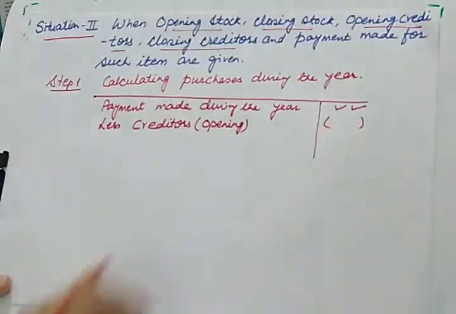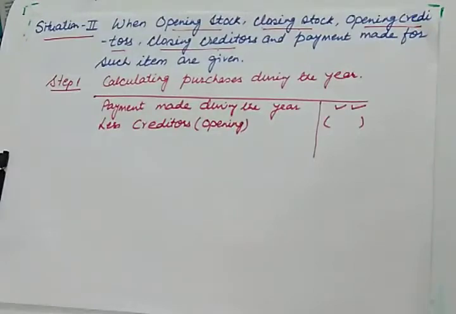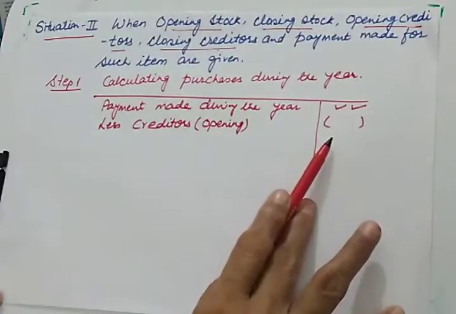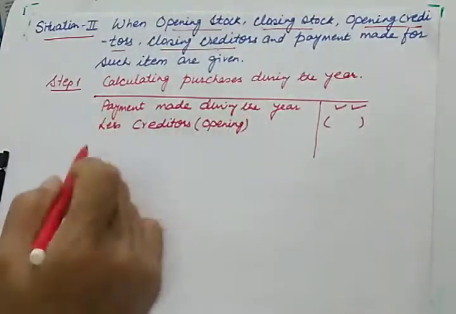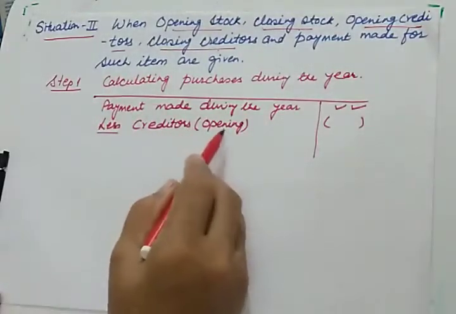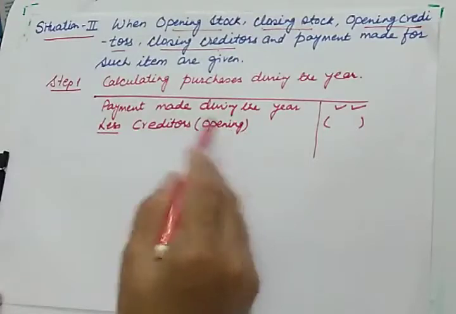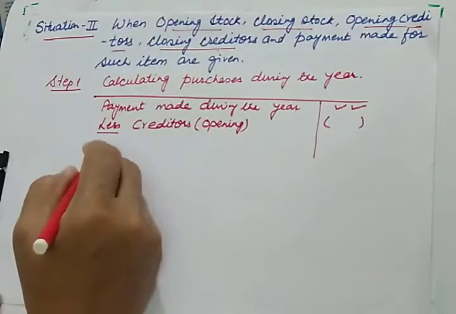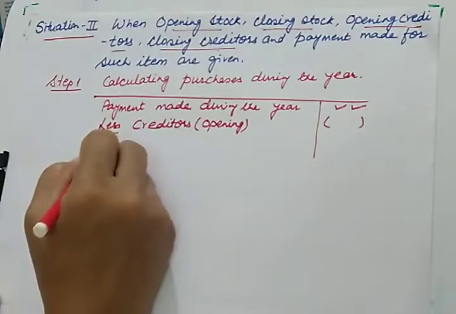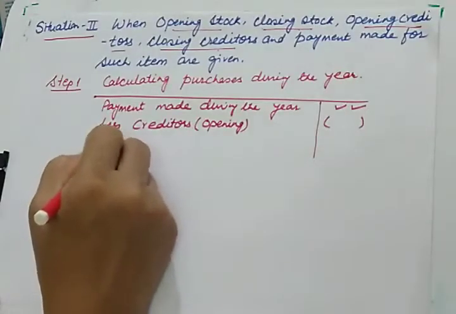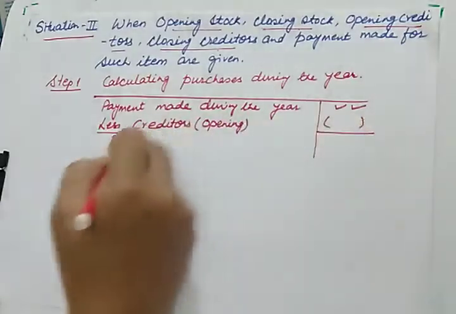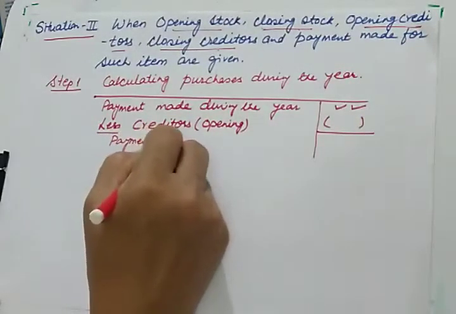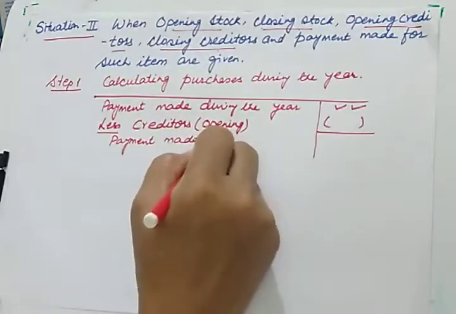What is the purpose behind this? The purpose is so that we'll be able to get the payment which is only and only done for the current year. So we are deducting the previous year's creditors because this belongs to the previous year. After deducting this, we'll be able to get payment made for the current year.